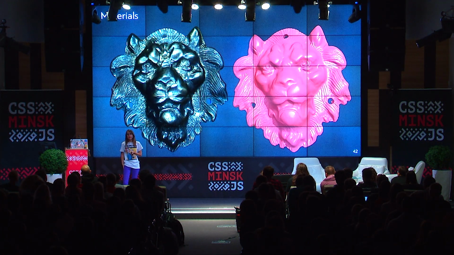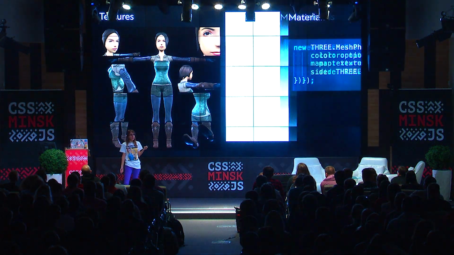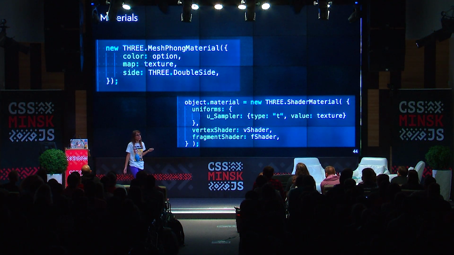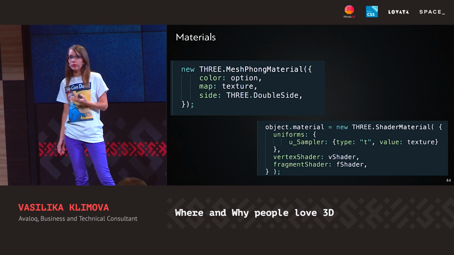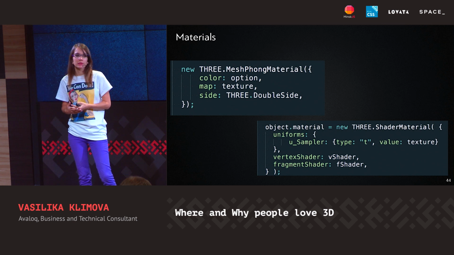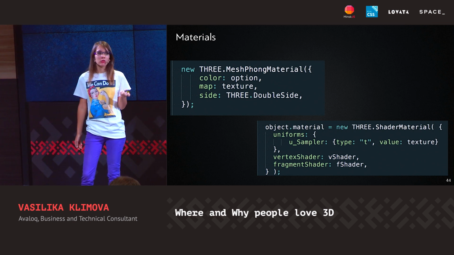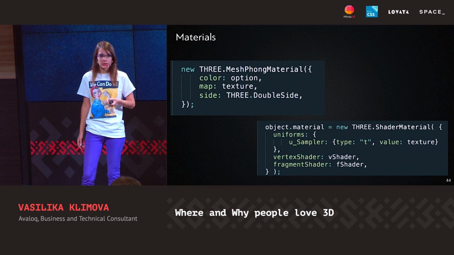Okay, then small examples of how we can change different materials. Materials, textures, and you can use a lot of different objects for this in this library. It has very good documentation, and this is an example of usual materials, like mesh phong material.